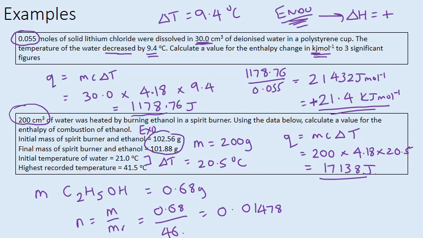I'll now divide 17138 by 0.01478, and I'm going to convert it to kilojoules. To 3 significant figures, I've got 1160 kilojoules per mole.